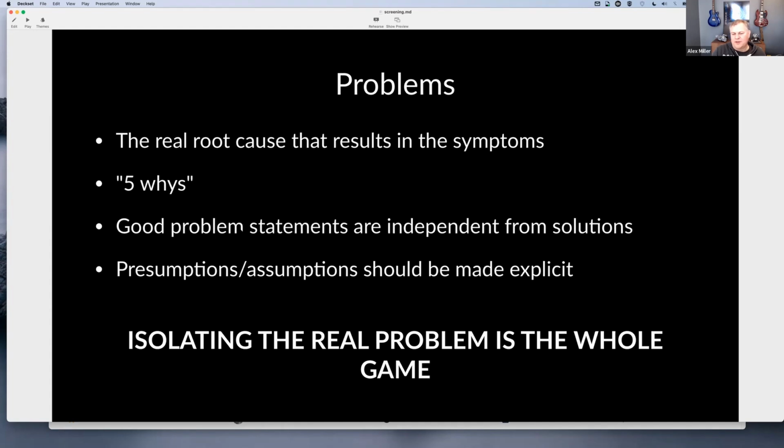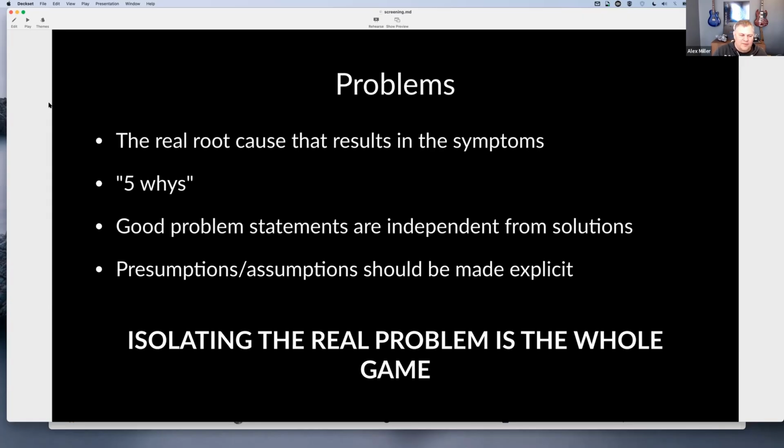But when we start to think about bigger things that cross, especially across, larger feature sets or problems or things like that, we're really looking at trying to understand the real root cause of what is wrong, what is missing, what abstraction is missing, things like that. And so, sometimes you'll hear the 5 whys as one technique for this.